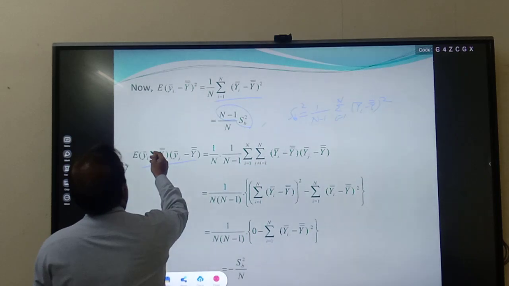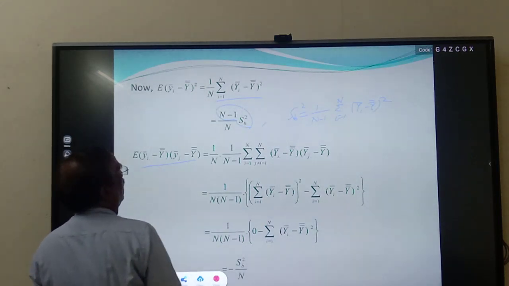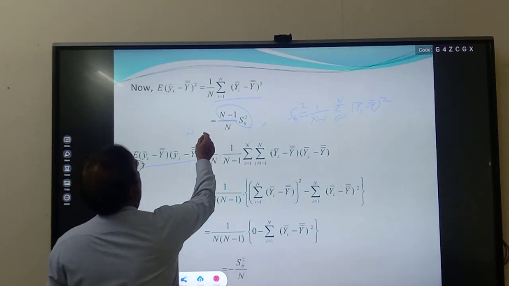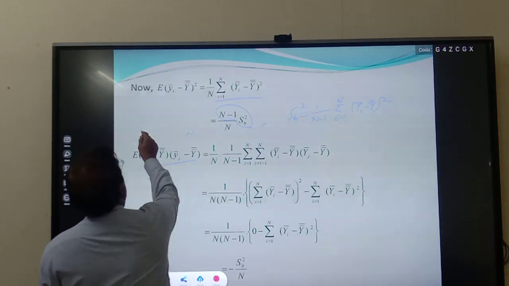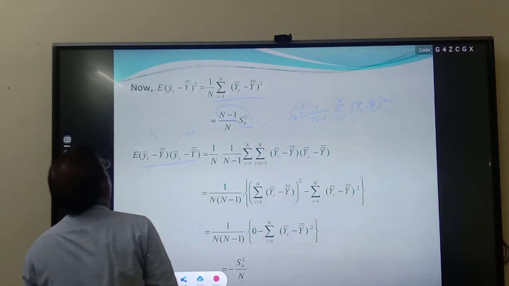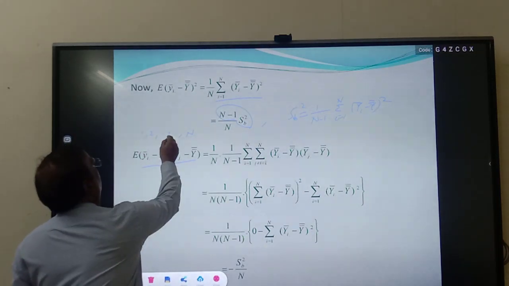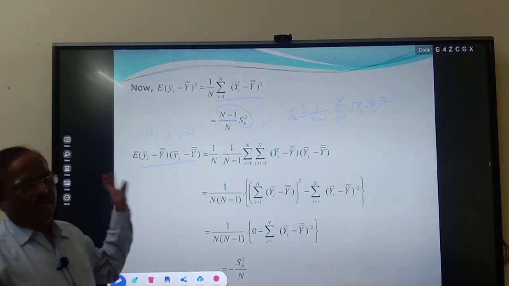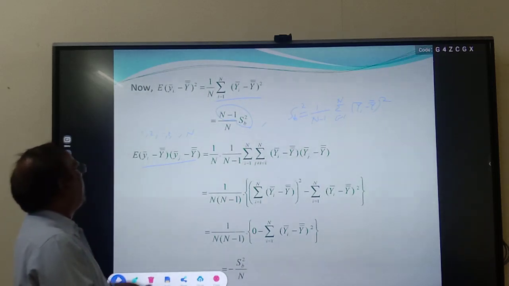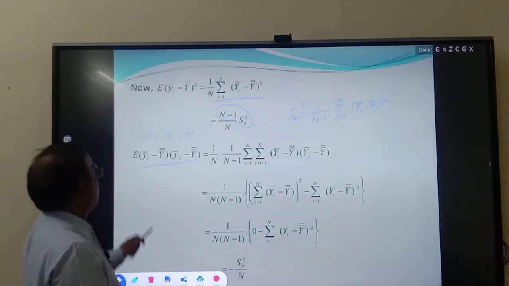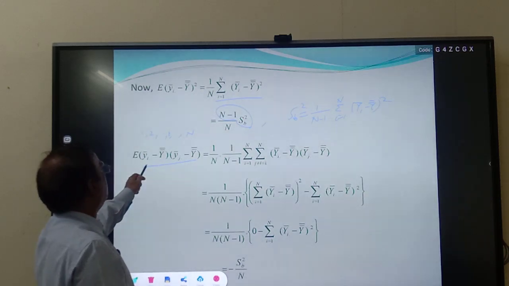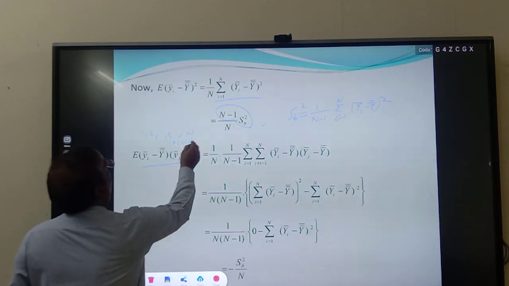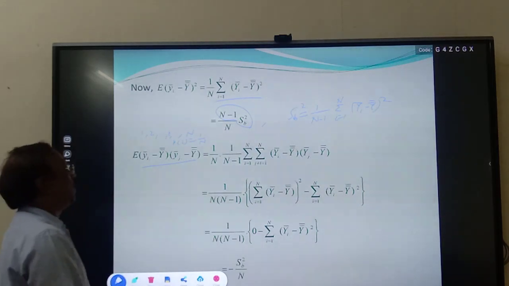For getting the expected value of yi bar, out of capital N units, you can write 1, 2, up to capital N. If the ith unit is selected out of capital N units, the probability of selecting the ith unit is equal to 1 by capital N.